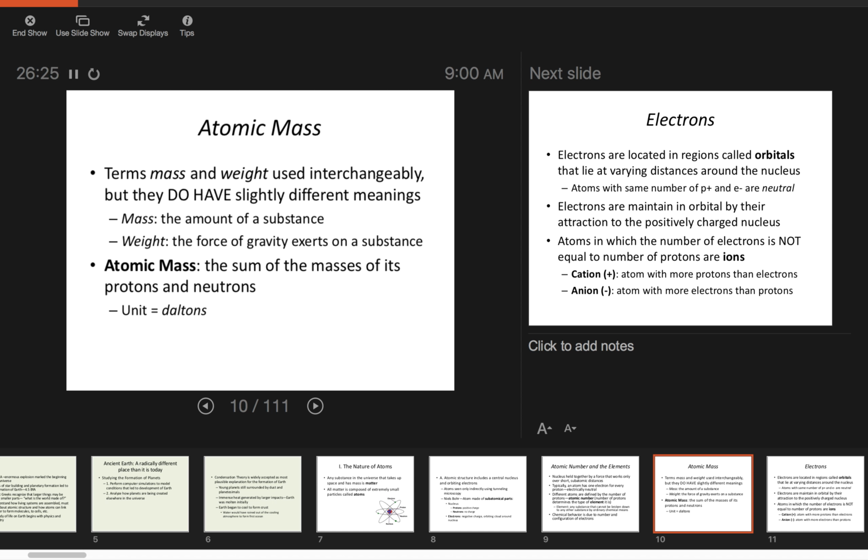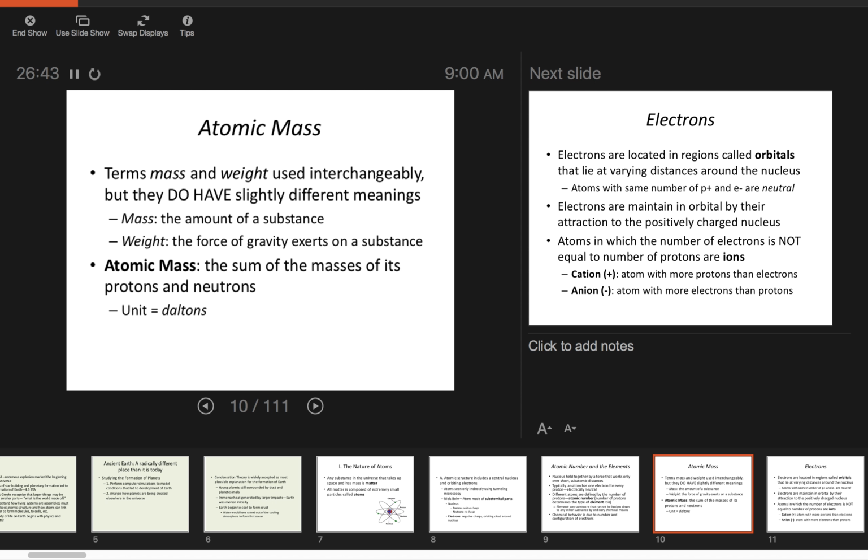Okay. All right. So the atomic mass on my periodic table is this faded red number that you see on the top right-hand corner. So carbon has 12.01.